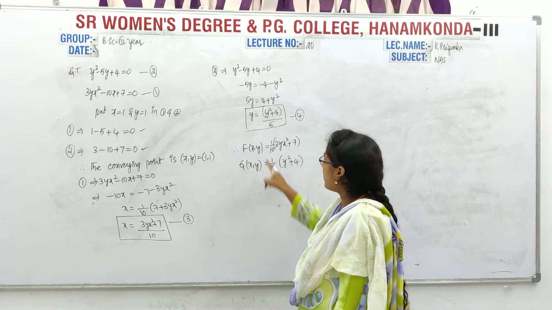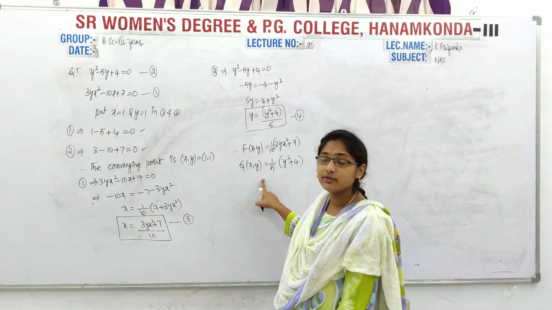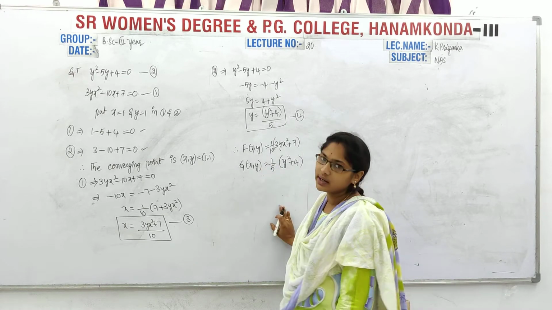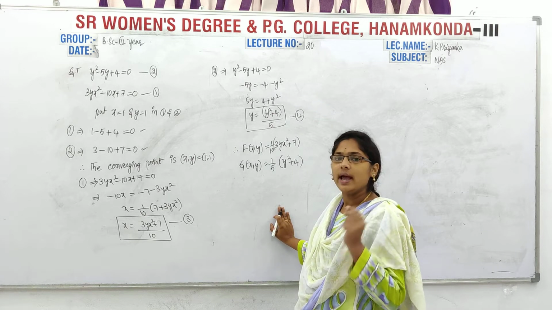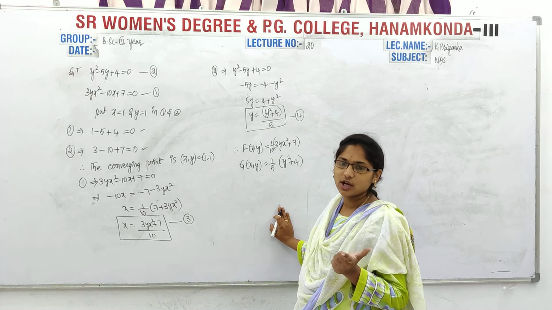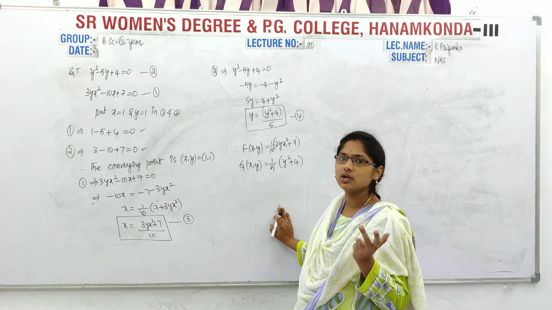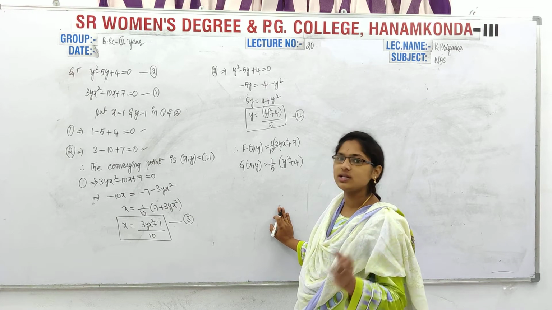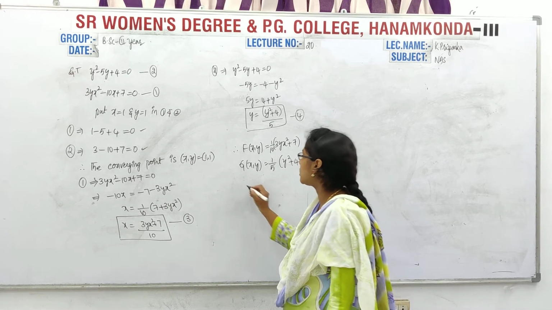Clear? Now f and g we have. Next what we have to find? Of course these two are continuous functions, because every logarithmic function, exponential function, algebraic function, trigonometric function, all these are continuous. So these are also continuous.